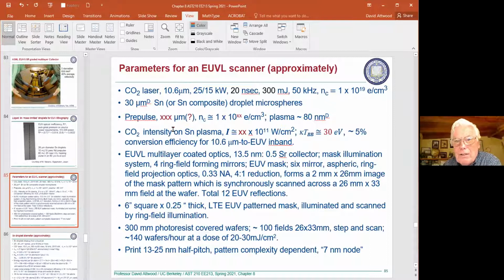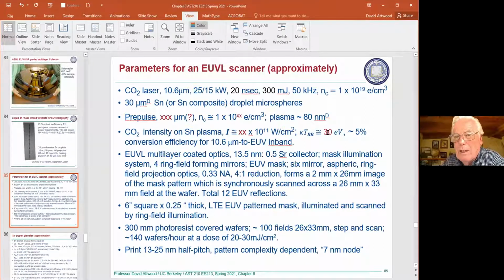The intensity of the laser, you can estimate, because you want approximately a 30 eV plasma. Why do you want a 30 eV plasma? Because the wavelength you want is 13.5 nanometers for the moly-silicon, which is around 92 eV. The peak of a black body is 2.8 kT. So if you had a black body of 30 eV, you would have a peak around 90 eV.